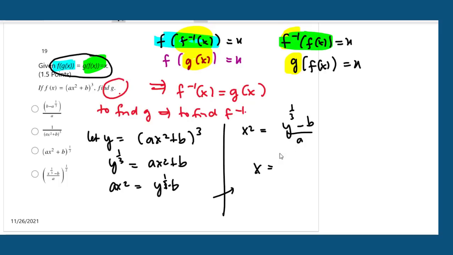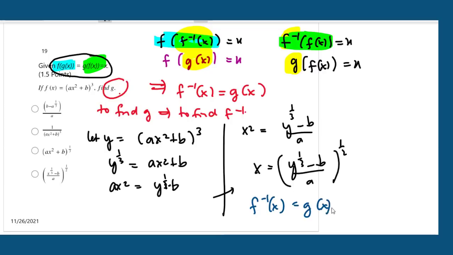Okay, so now take the square root of this. Then you actually get plus or minus. Because the answer is considered positive only, just use the plus. So here you can conclude f inverse, g, is equal to ((x to the power 1 over 3 minus b) over a) to the power 1 over 2.